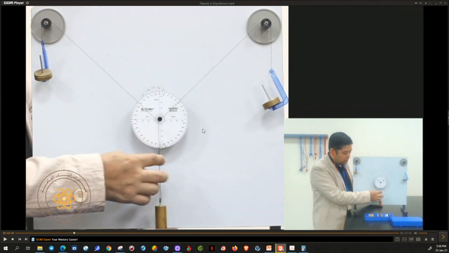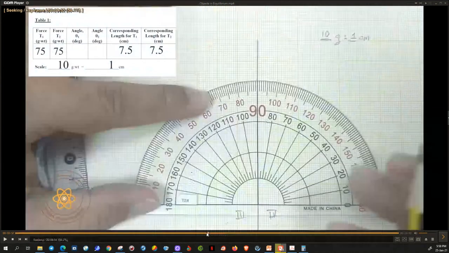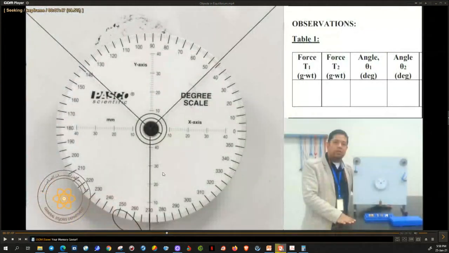Clear? What else is a source of error? I didn't write it, but we discussed it here. Number 1, let me go back to the video. Where the strings are tied together, we call it the junction of the strings. It should be in the center of the degree scale. That's a precaution.